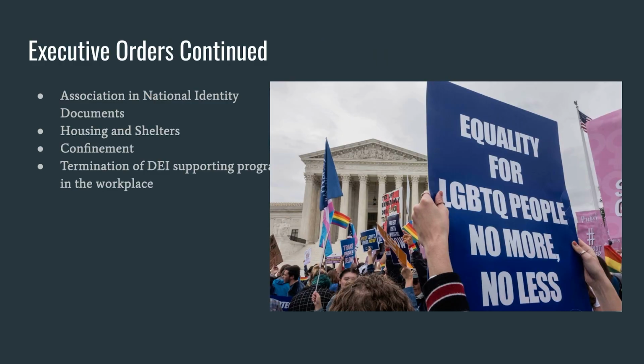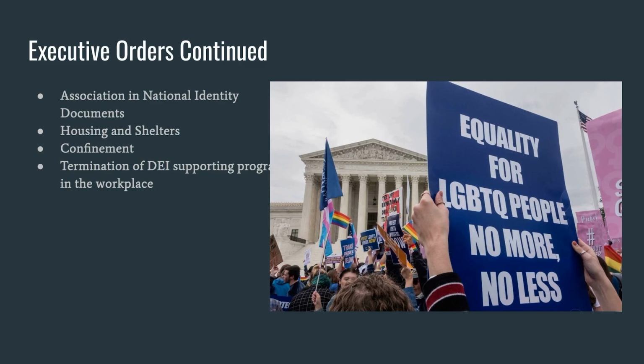But to continue on, executive orders continued. The first one is identification in national identity documents. The executive order directs the Secretaries of State and Homeland Security to cease issuing federal identity documents, namely passports and Global Entry cards, that conflict with the new definition of sex.